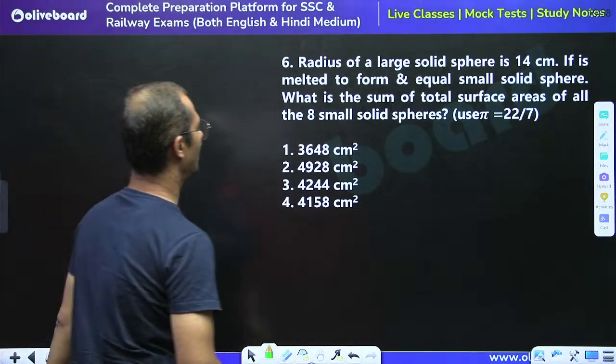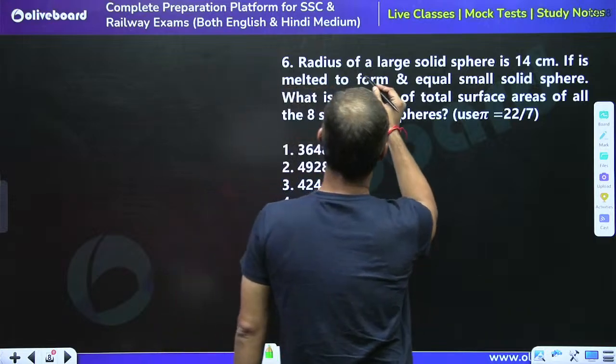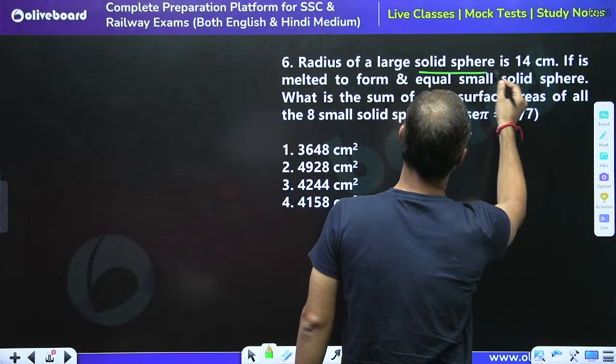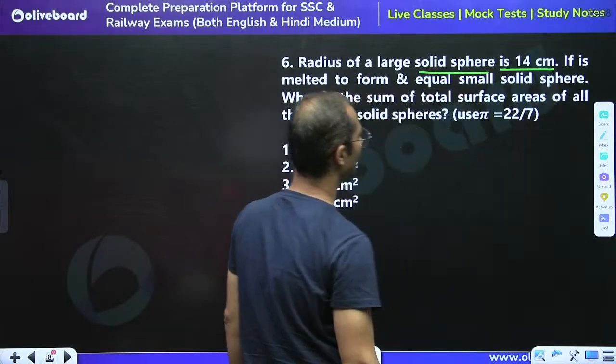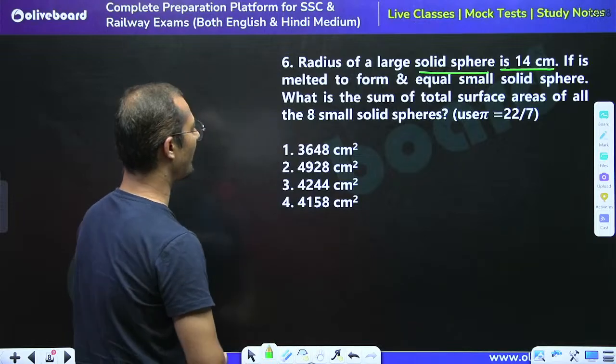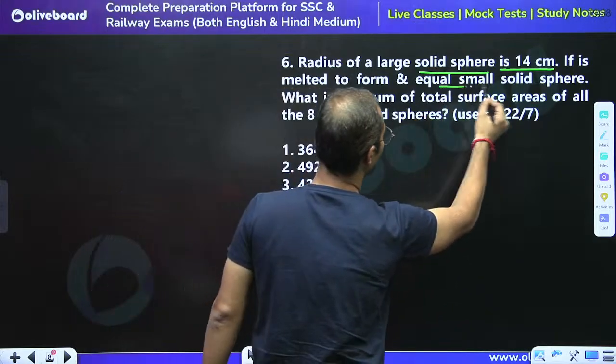The question is saying the radius of a large solid sphere is 14 centimeters, and it is melted and formed into equal small cubes.